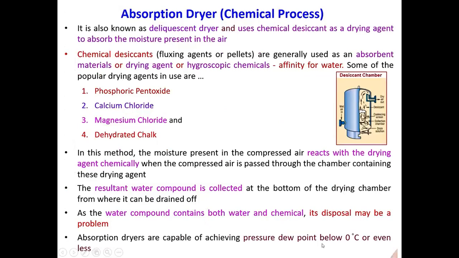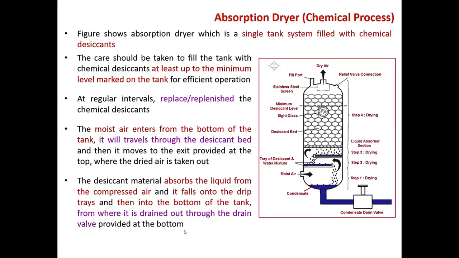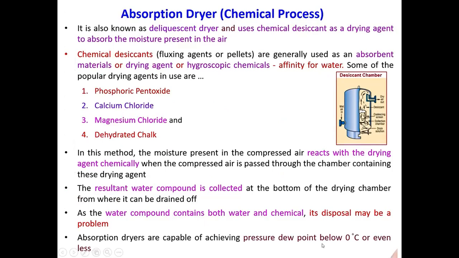Absorption dryer, chemical process. It is also known as deliquescent dryer. It uses chemical desiccant as a drying agent to absorb the moisture present in the air.